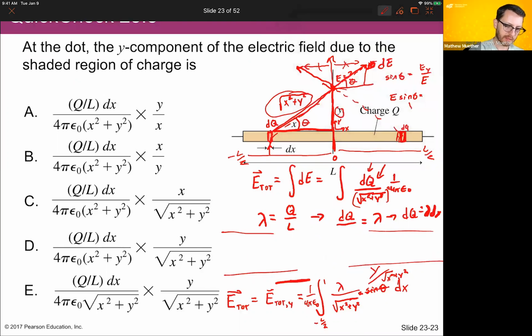And I get something that looks like the total electric field is 1 over 4 pi epsilon naught, integral minus L over 2 to L over 2 of lambda, square root of x squared plus y squared, times y over x squared plus y squared, dx.